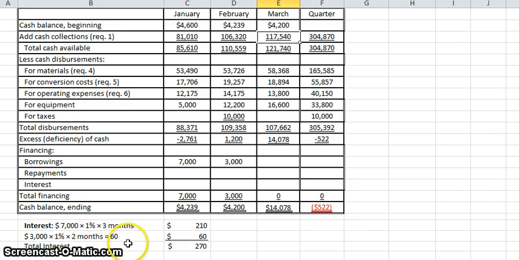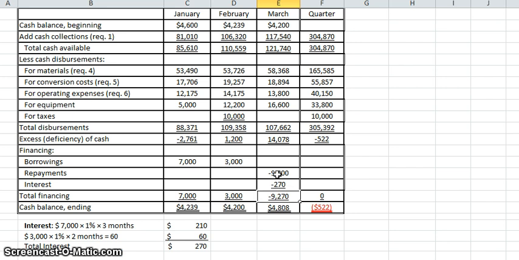So we're not going to be able to pay back all 10,000, but we're going to have to pay the interest on the whole 10,000. So our repayment is going to be 9,000, and our interest is going to be minus 270.